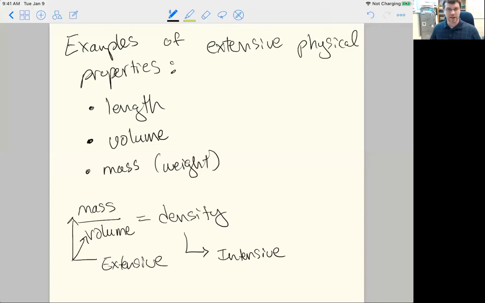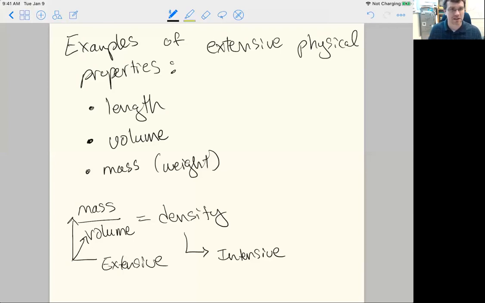Another example would be when I said length, and I had a gold ingot, a gold bar, and I said if you add another gold bar, the total length of your gold bars increases. You might say, well, the length of each gold bar didn't change. That's a great observation, because it reminds us that if we take length divided by one particular unit, that's a fixed property of, in this case, a gold ingot.